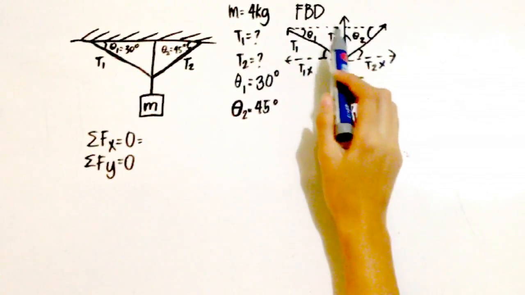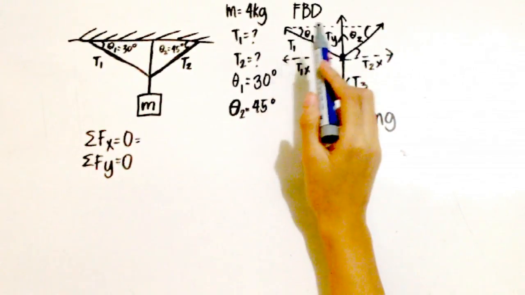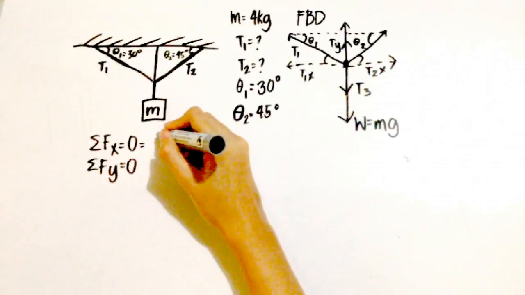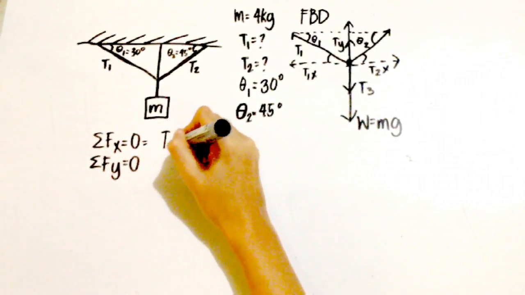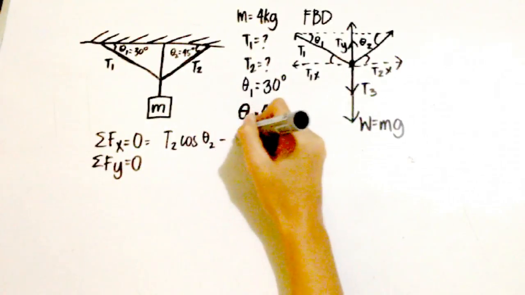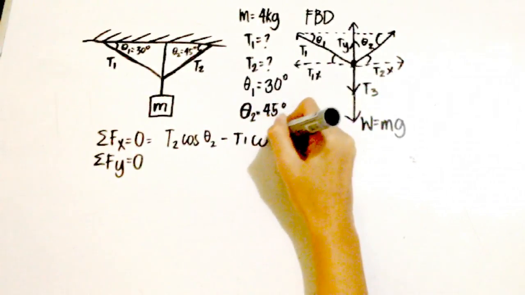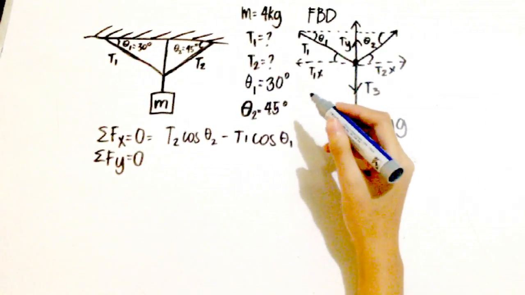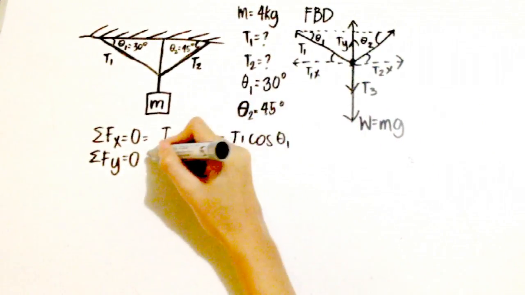So on the x direction, there is only two components, t1 on x negative direction and t2 on the x positive right direction. So for the first equation, t2 times cosine of theta 2 minus t1 cosine theta 1.